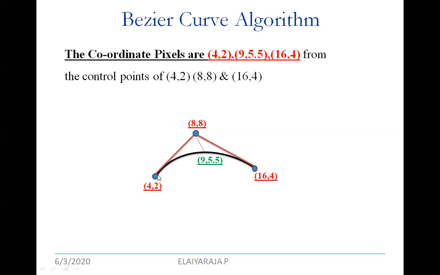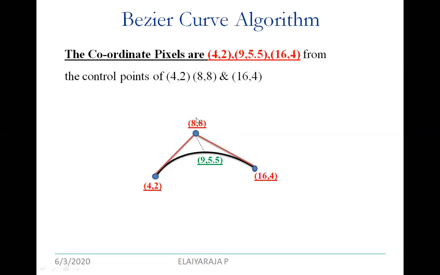So 4 comma 2 is the initial position, 16 comma 4 is the end position, where u equal to 0 you got 4 comma 2, and u equal to 1 you got 16 comma 4.